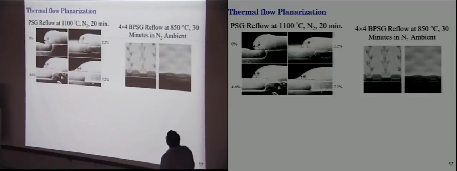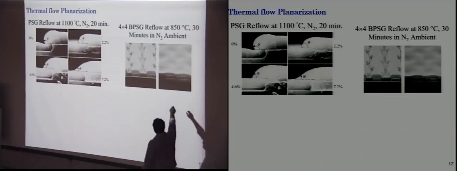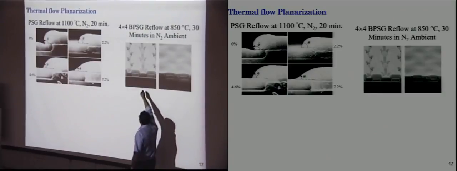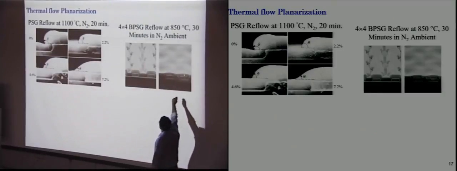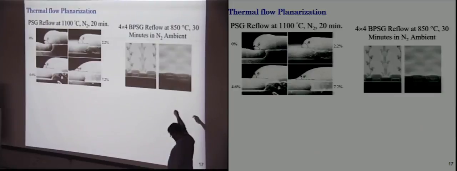You can see that this is the initial profile that is being generated, and after you have heated up at 850 degrees C for 30 minutes, it starts to flow and become much smoother. So the planarity of this is bad, over here is much smoother. Okay, so planarization can be done with PSG and BPSG.